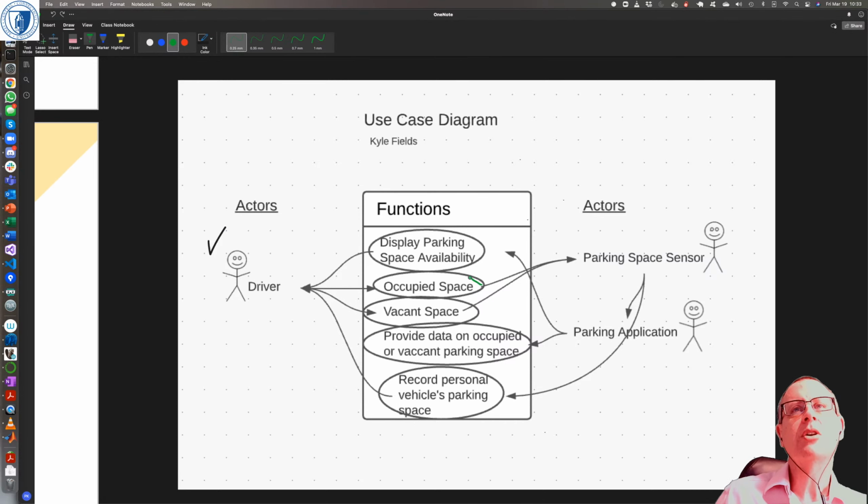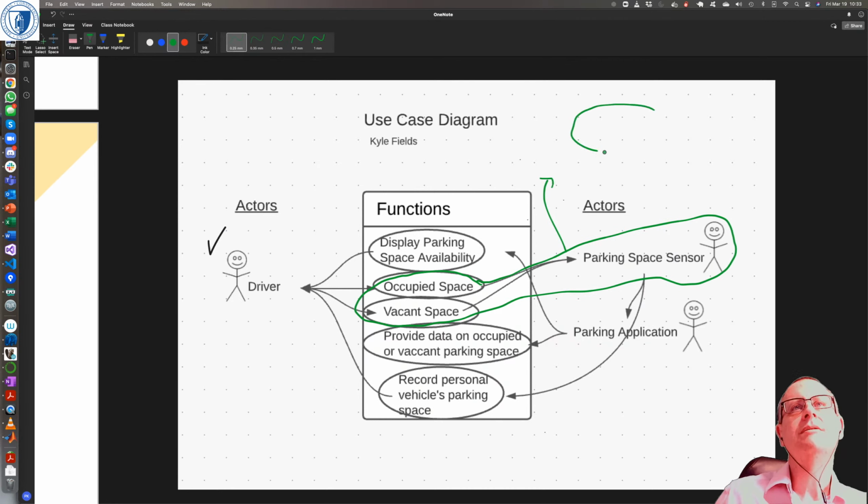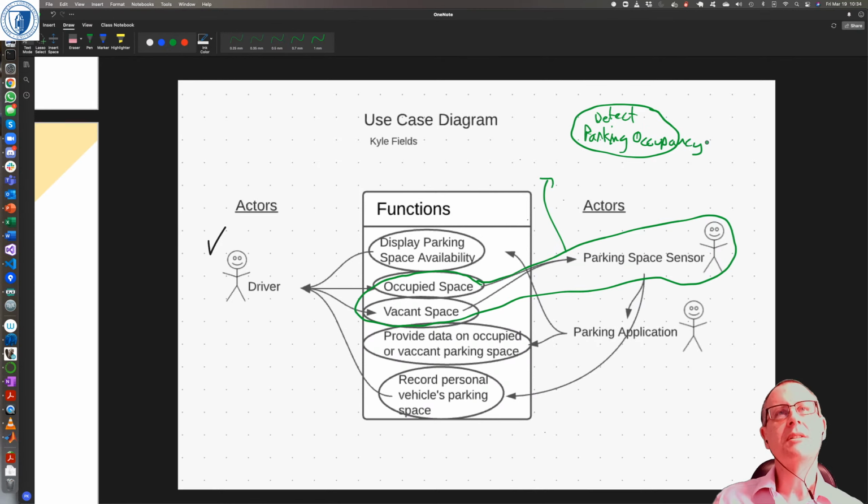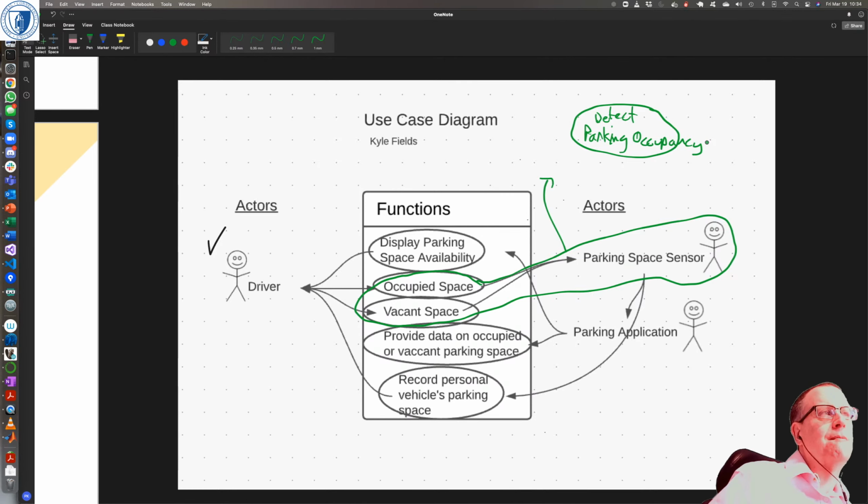I think these two, occupied space and vacant space, along with your parking space sensor, probably are just a single function, which is detect parking occupancy or something like that. And I didn't leave enough room. Oh well. Right, detect parking occupancy, I think, might be the thing that you're doing with the occupied versus the vacant space.